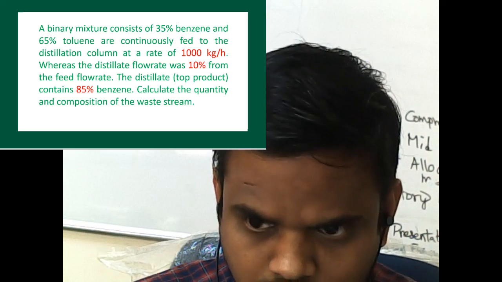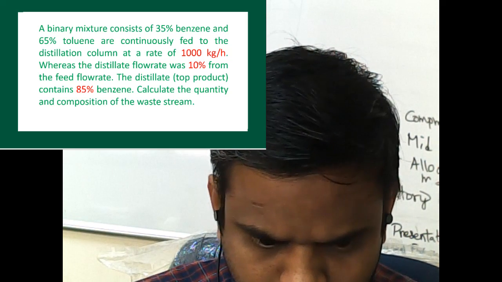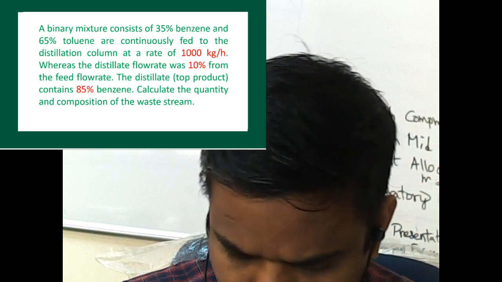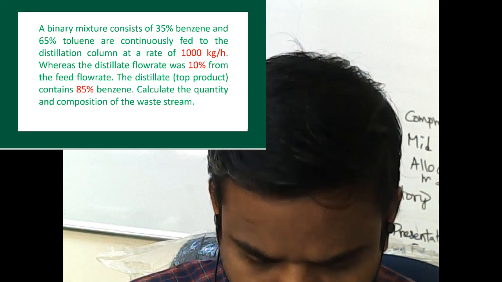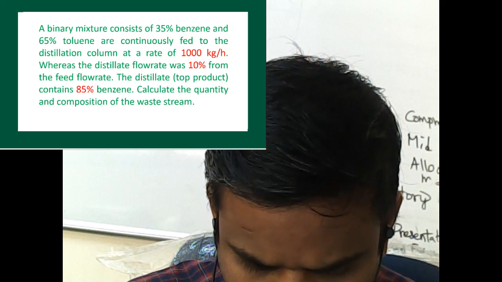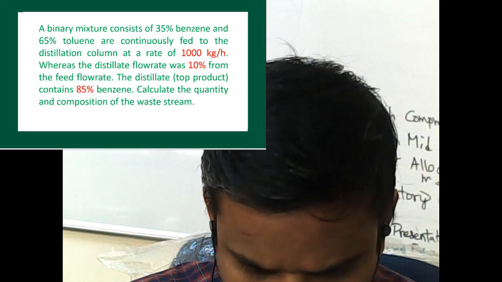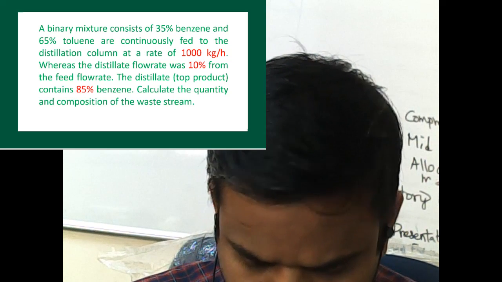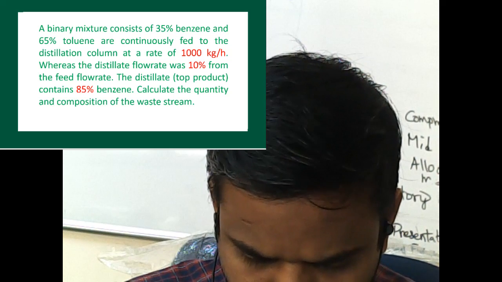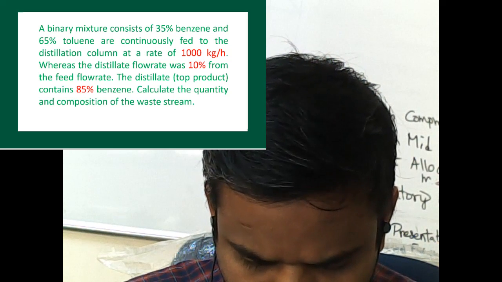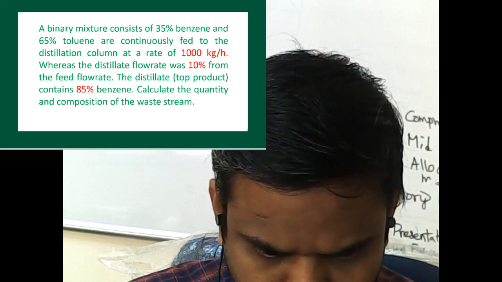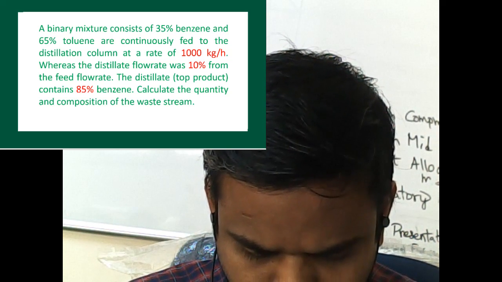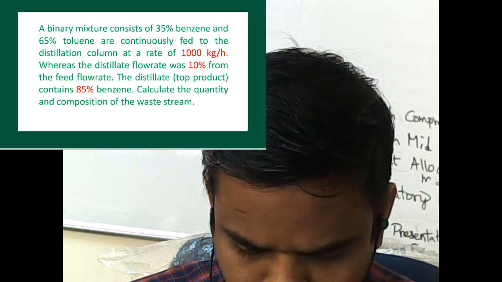The distillate, what is distillate? It is the top product, and it contains 85% benzene. Calculate the quantity and composition of the waste stream.